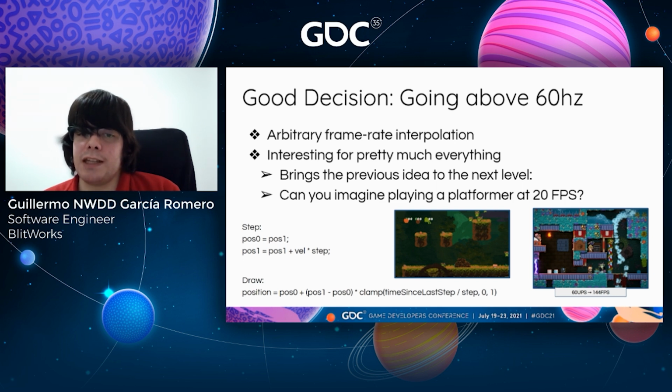Similarly, it would have been interesting to update most of the world, but the players, at a rate of 10 to 20 updates per second while keeping the players at higher update rates in order to improve performance, but that would have required too many changes at that stage that could introduce unintended and unnoticeable change to gameplay that we didn't want to deal with at that stage of development.